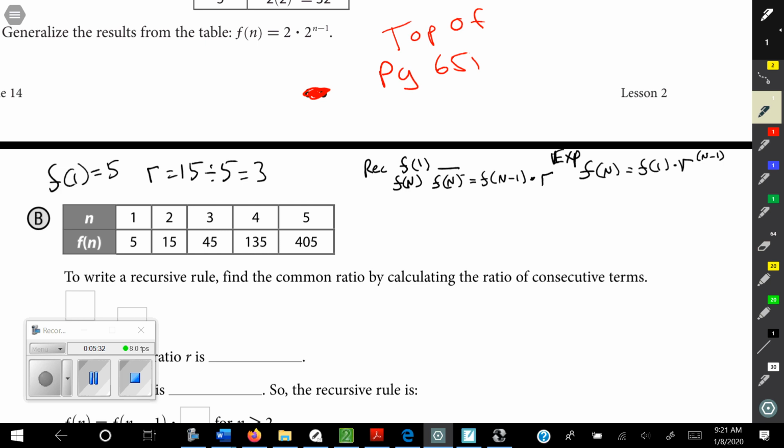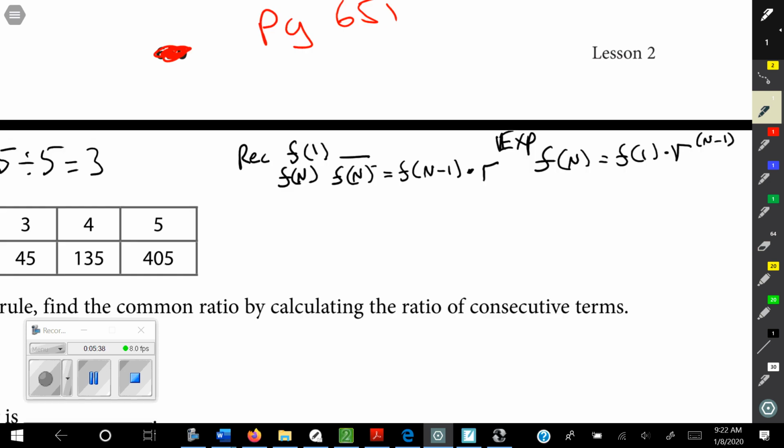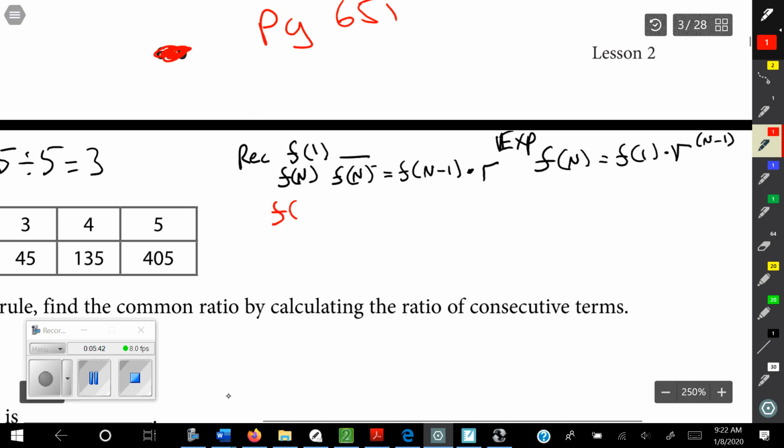So all I'm going to do is take those two numbers and plug them in. For my recursive rule, I'm going to change colors again. We're going to begin with f of 1. F of 1 is, again, 5. Now I'm going to write out everything else.